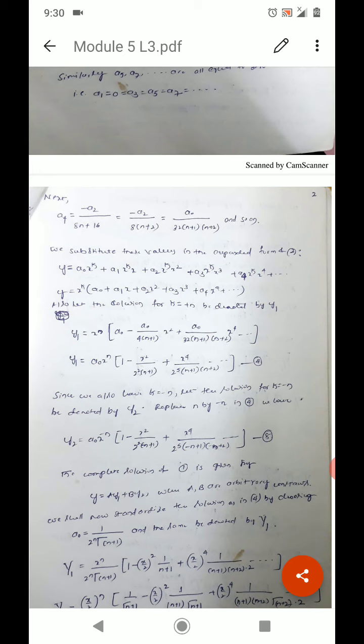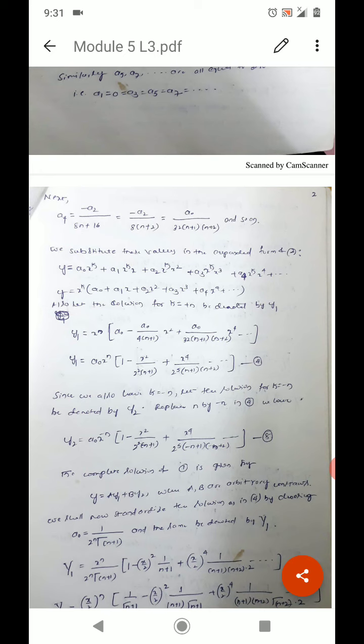Since the values of a1, a3, a5 are all 0, we have to put only even values. So that will become a naught minus a naught divided by 4 of (n plus 1) into x square plus a naught divided by 32 of (n plus 1) into (n plus 2) into x power 4.